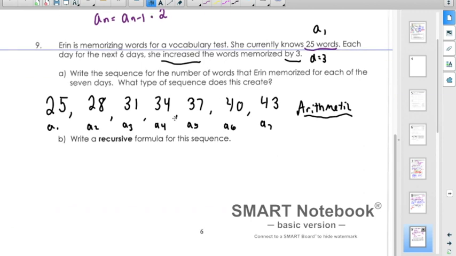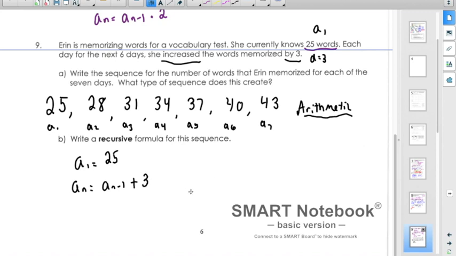Part B, write a recursive formula for this sequence. Okay, recursive means 2 equations. The first equation is the first term. So a sub 1 equals 25. And then the second equation always includes the previous term. So a sub n is equal to a sub n minus 1, and then I'm going to add the common difference of plus 3.